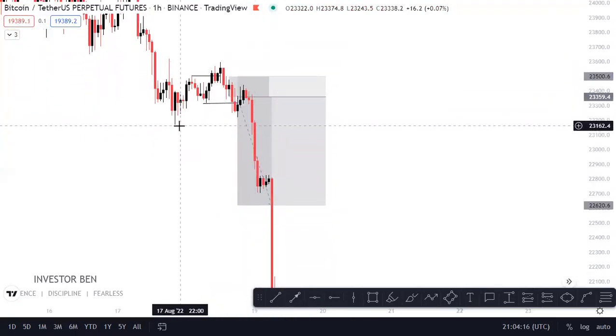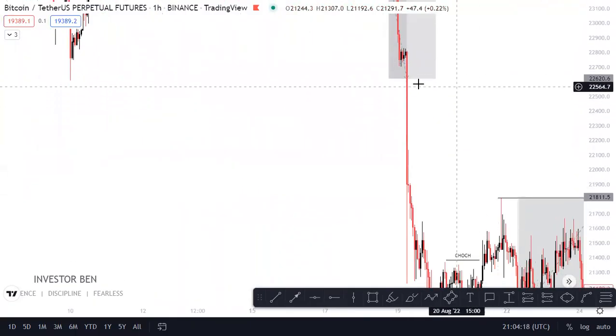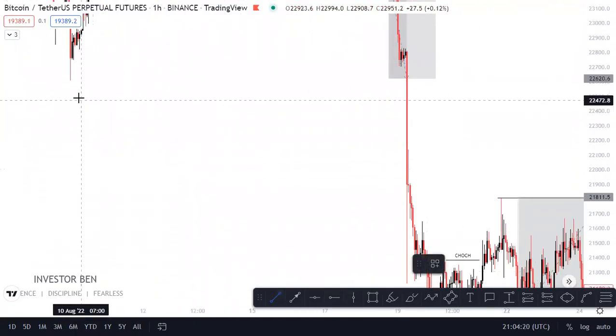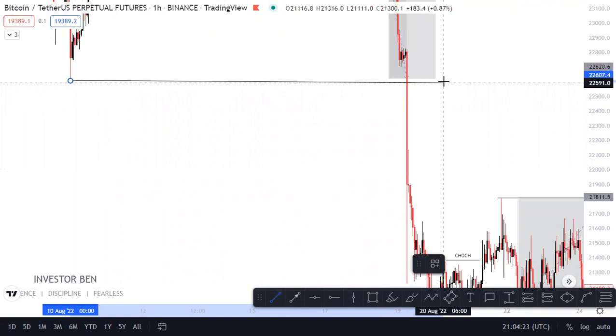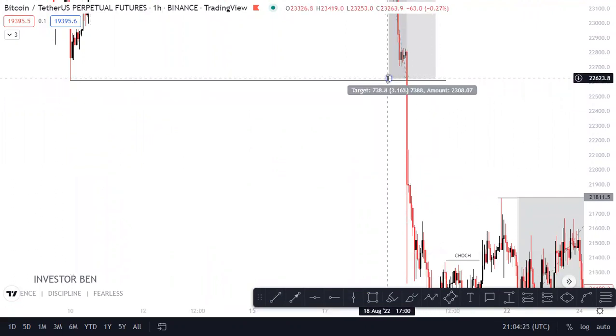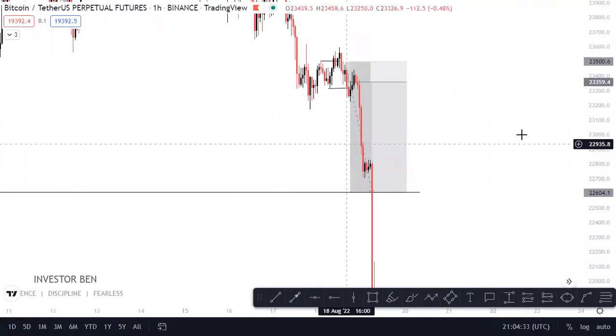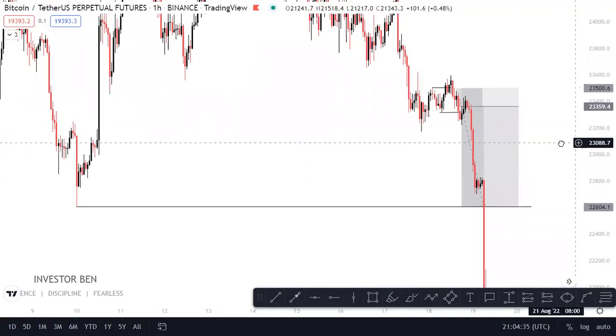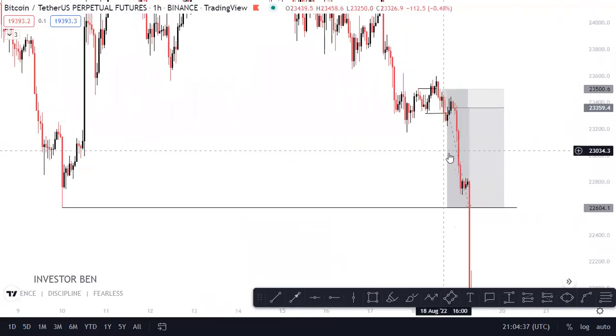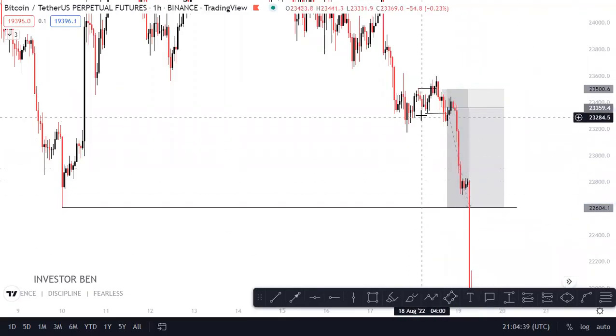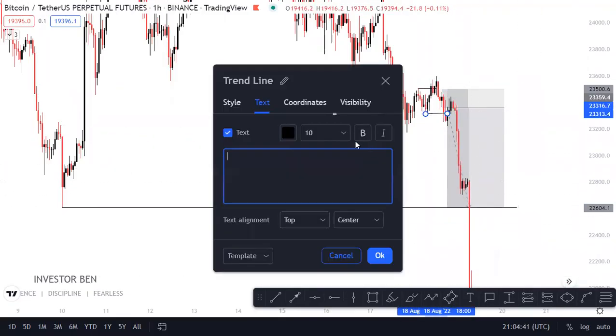If you target somewhere short, you could target your TP at this low. But then you could see what price just did right here. So this is your change of character formation.